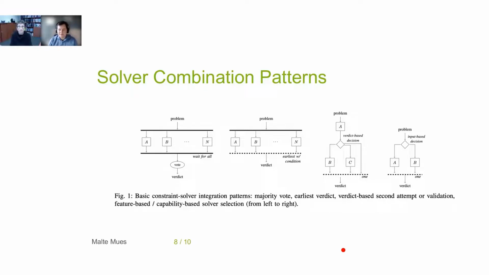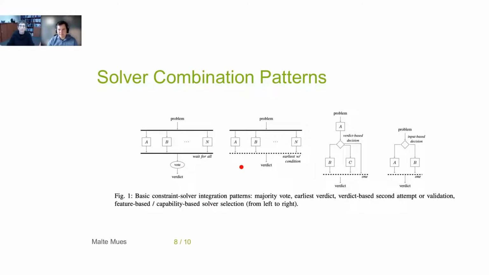So we have found different patterns in literature that work with SMT solvers. On the most left, we see a majority vote pattern where we just run all solvers for a given resource limit, and then we do a majority vote on the obtained result to get the final verdict. That's basically what we used in the unsatisfiable cases to obtain a ground truth label.